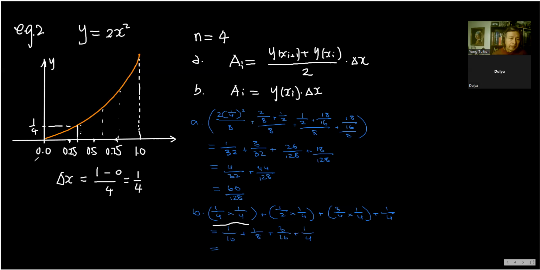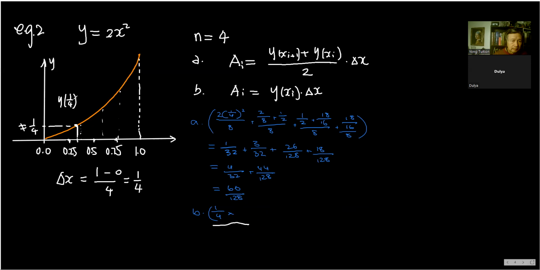So this is not a quarter. You have to substitute that, right? So this particular value is y with x equal quarter. So it's 2 multiply quarter squared, right?